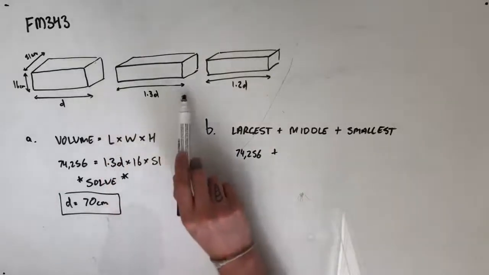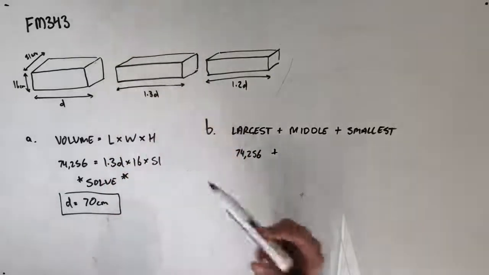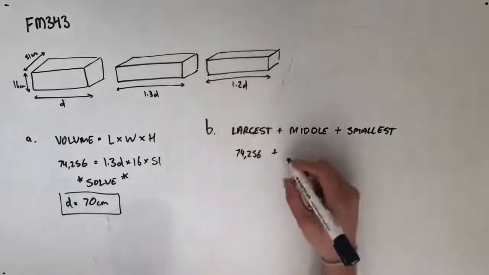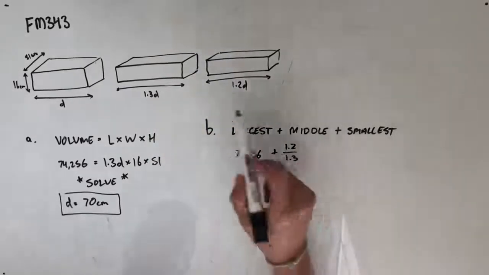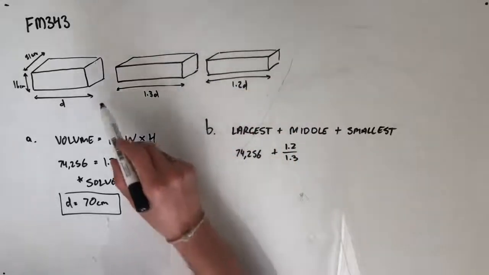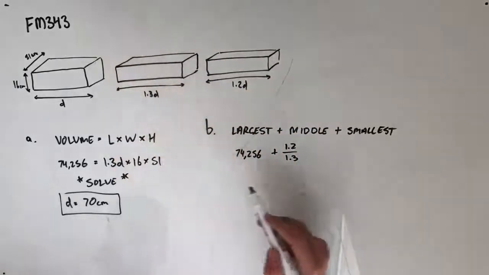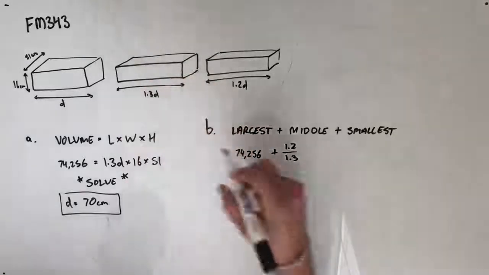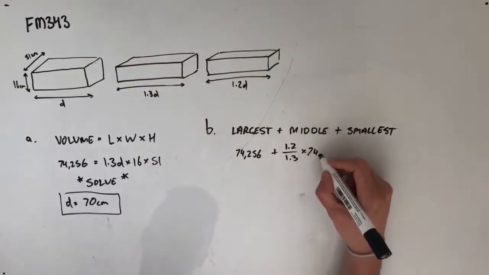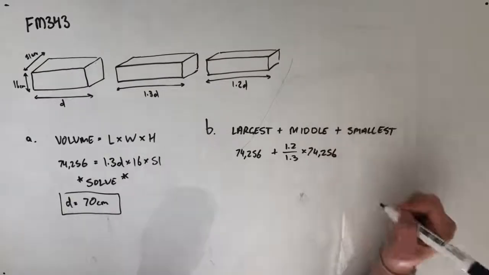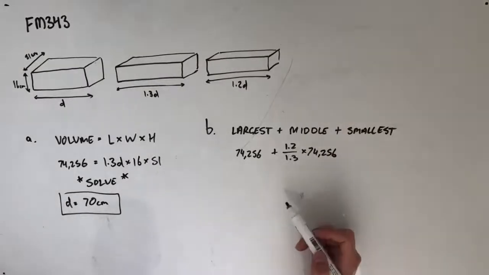We're going to add that to the volume of the middle cushion, so this cushion here, which is going to be, since we already know the volume of this largest cushion, the proportion that we're going to look at is 1.2 over 1.3. So we're taking 1.2 out of the total sort of 1.3 that we've got from the volume of this cushion, and finding that proportion of the largest cushion, and that will give us the volume of our middle-sized cushion.